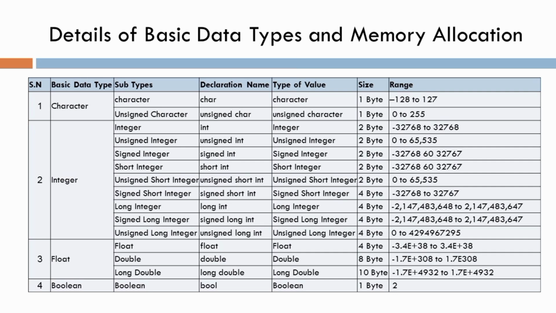In the last column, there is the range. It shows how many different values can be stored by a variable declared through that specific data type. For character, the range is from -128 to +127. Similarly, boolean has only 1 byte size, but it contains 2 values, 0 and 1. 1 byte contains 8 bits, whereas only 1 bit will be used by a variable declared through the boolean data type.